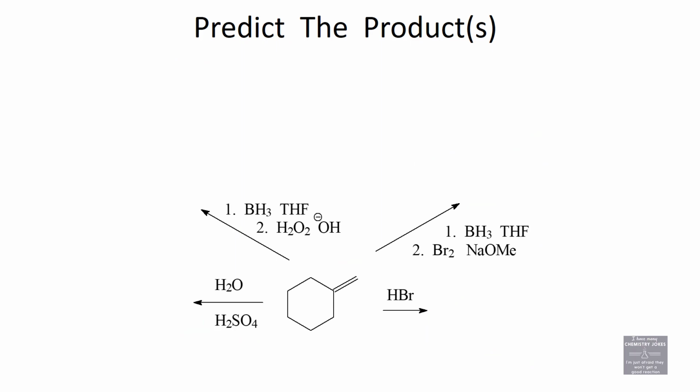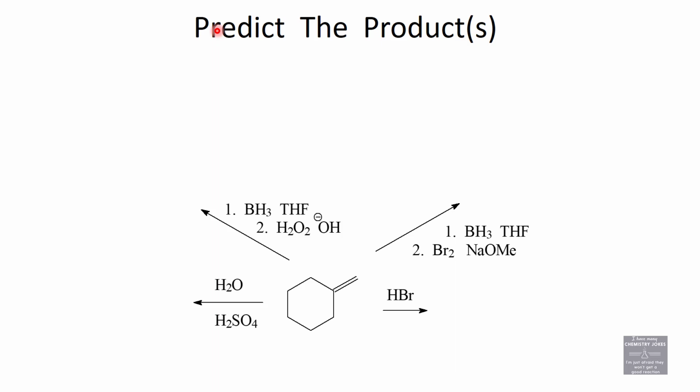Okay. So here's a nice little tiny summary of some of the reactions we have covered so far. These reactions are predict the product reactions. What that means when I ask you a predict the product type question is draw all products, including any rearranged carbocations and stuff like that. Draw all products, including stereochemistry as well.